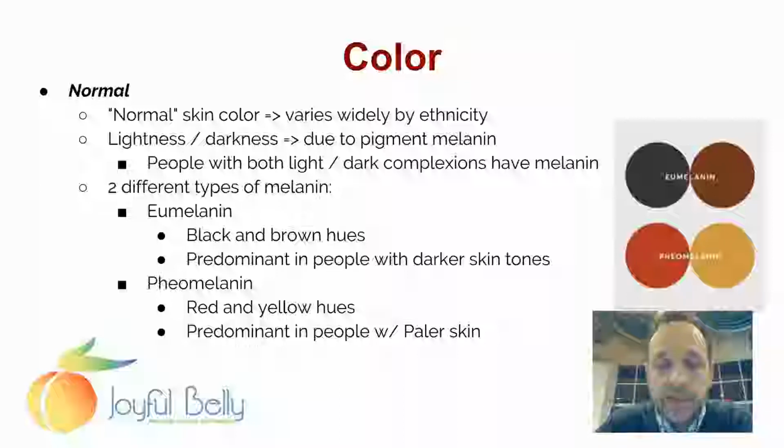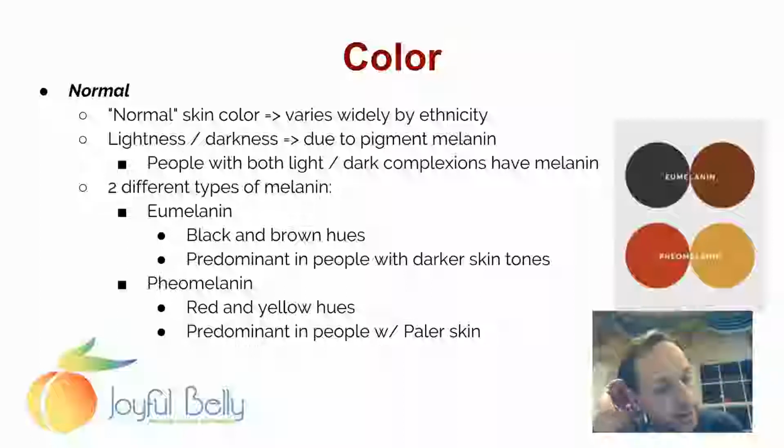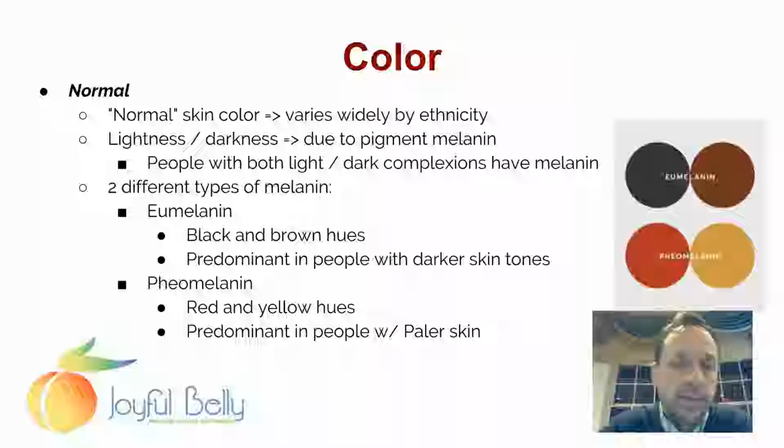So I'm going to just make a wild guess here that she's got the pheomelanin type because her skin is very fair. She almost has like Nordic skin, very white skin, blondish kind of hair, blue eyes, although her hair is not very blonde. And so she doesn't have those dark colors that I tend to have in my skin.